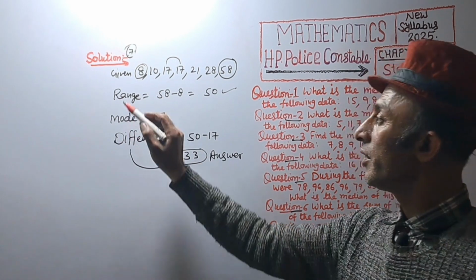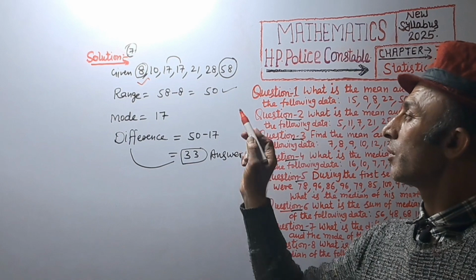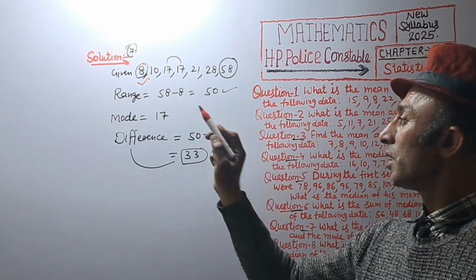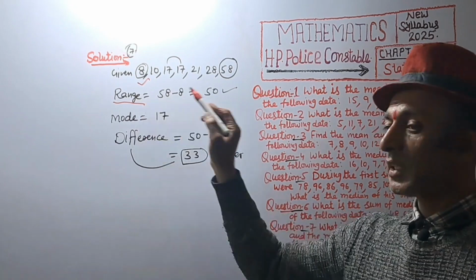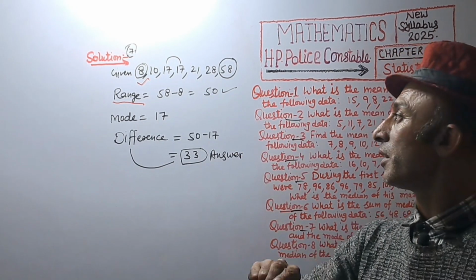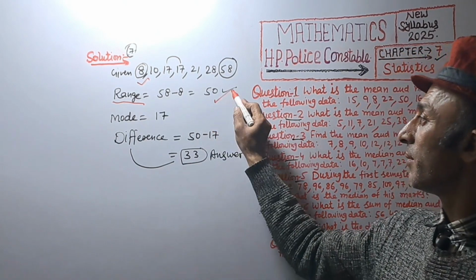Answer. Given data is 8, 10, 17, 17, 21, 28 and 58. First we find range. Range is maximum number minus minimum number. 58 minus 8 equal to 50.